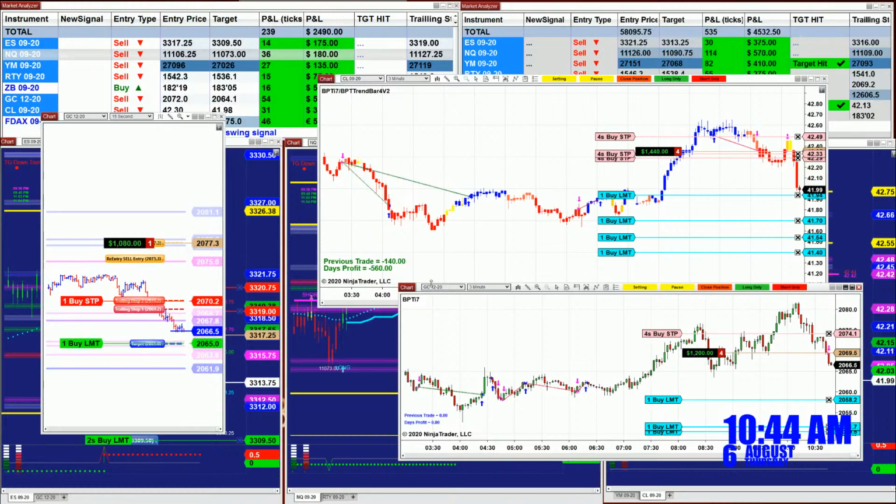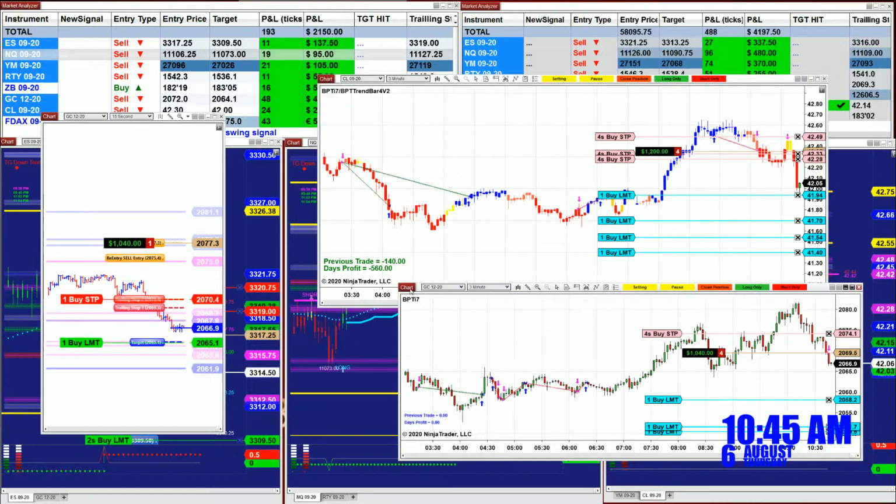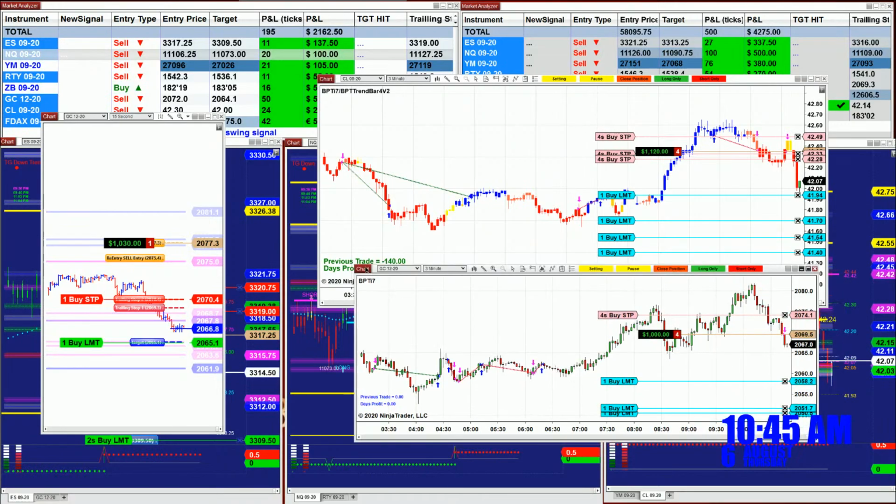Beautiful. Absolutely. As you see, the scalper turned from a scalper to swing trading on the signal. And this one here is the CL. And then we have the gold, both of them 3 minutes.